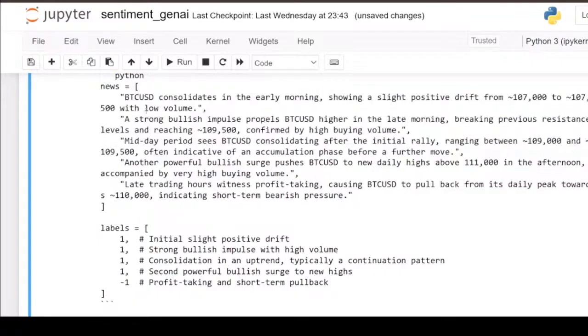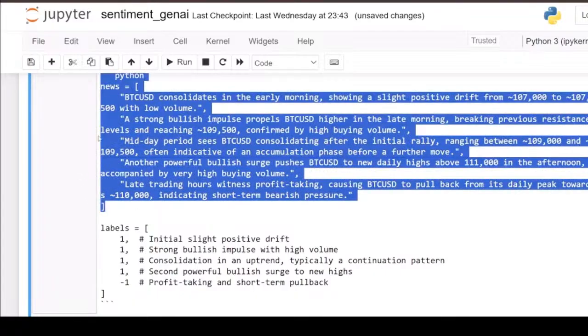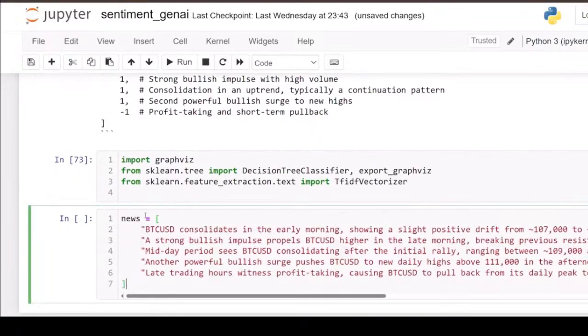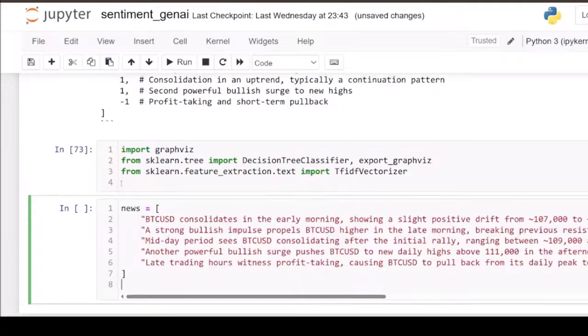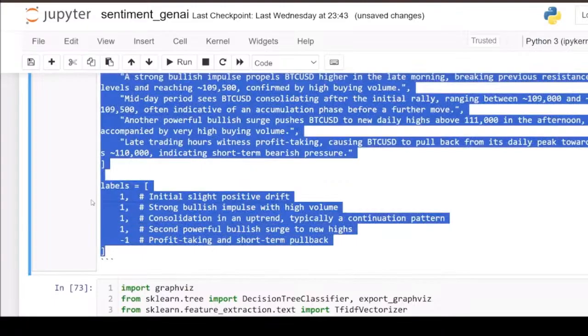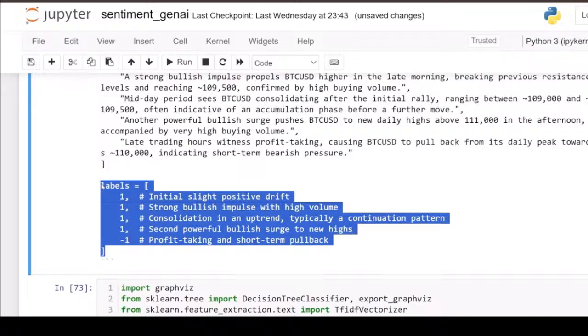All we have to do is take out our news, and secondly we have to give the labels as well, positive and negative.